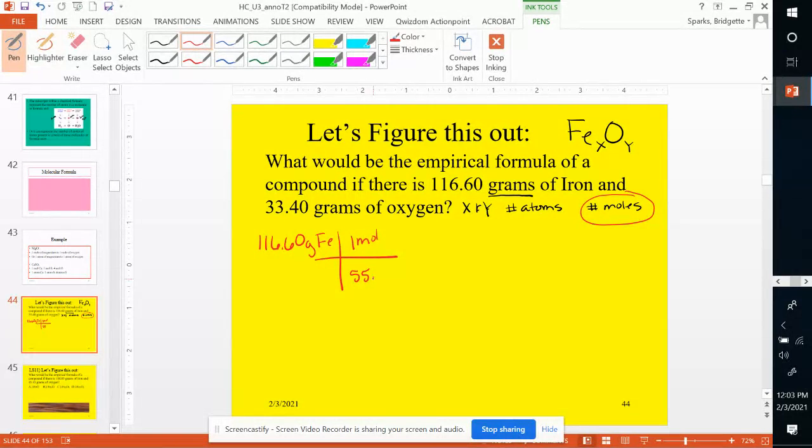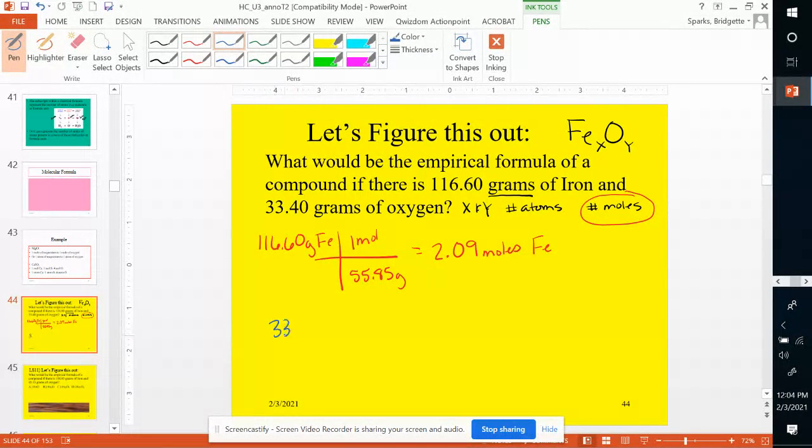We see it's 55.85 grams for every 1 mole. And so we have 2.09 moles of iron.